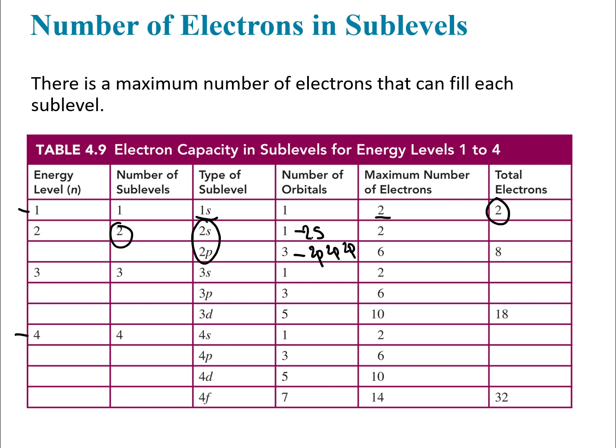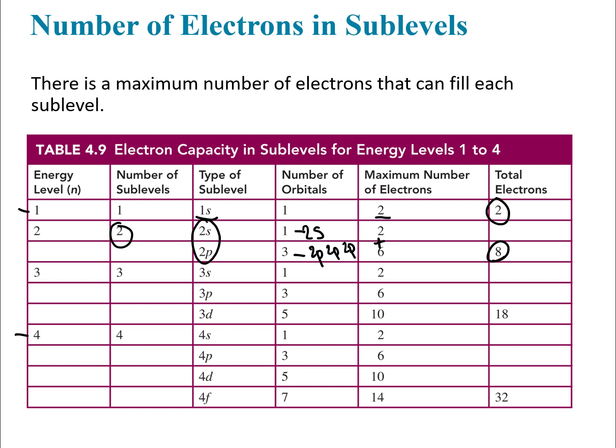The maximum number of electrons that the s orbital can hold is 2. The p can hold 6 because there are 3 orbitals, and each of those can hold 2 electrons. If you total up all of the electrons in energy level 2, so the main energy level, 6 plus 2 gives you 8.